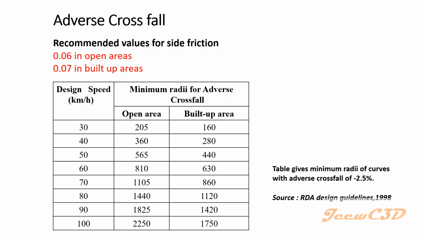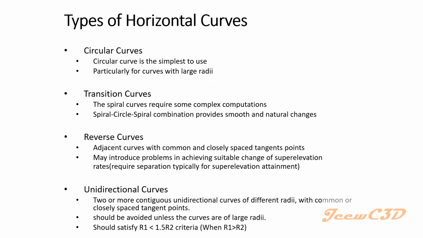That's about adverse crossfall. Then we will learn about the types of horizontal curves. We have several types of curves: circular curves, transition curves, reverse curves, and unidirectional curves. Circular curves are simple curves.